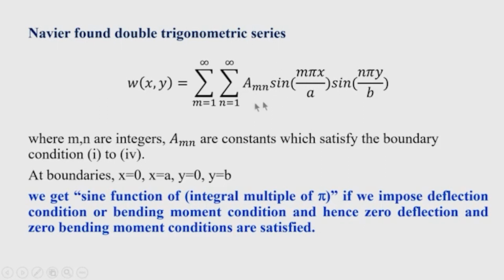Now, how will the deflection take place in this simply supported plate? Let us see the functions, sin m pi x by a and sin n pi y by b. These are waves and we call them half waves, because this ranges from 0 to a and 0 to b. Now, m and n are integers.